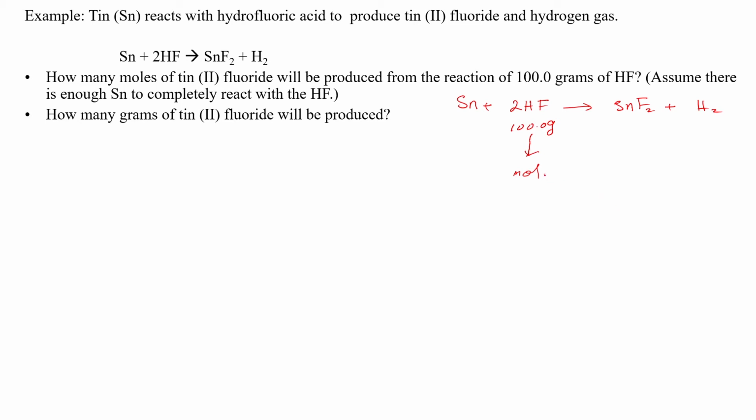In this case, you are going to find tin 2 fluoride, so you are going to convert the mole of hydrogen fluoride to the moles of tin 2 fluoride. For this first part, you're going to stop here because you need to only find moles. But for the second, you also need the grams as well. So you can convert these moles to the grams of the substance as well.